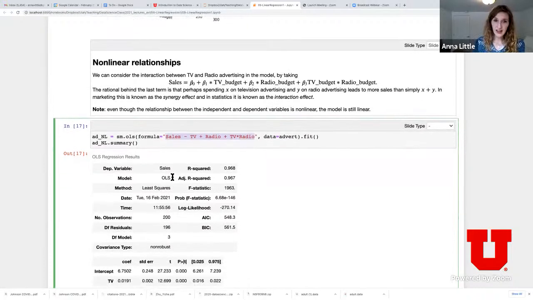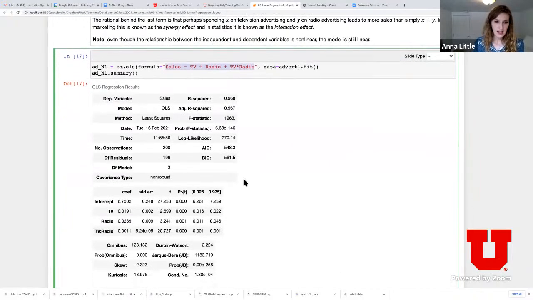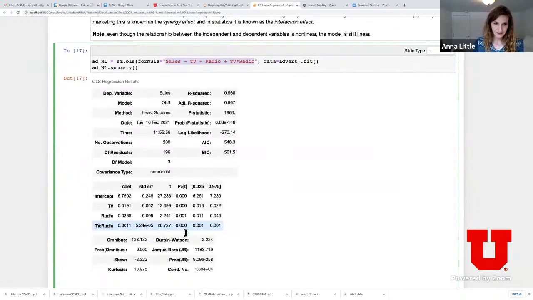And what you see here is actually you get a nice benefit from doing this. So the R squared increased from 90% to about 97% by explicitly modeling this interaction term. And if we look at the p-value for the interaction term, it is again significant.